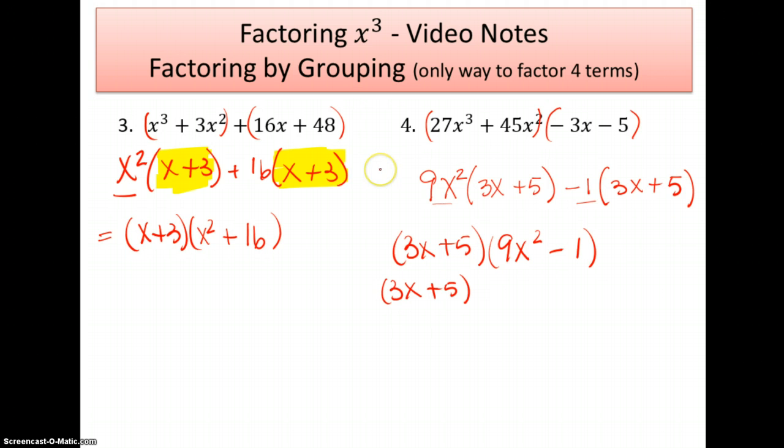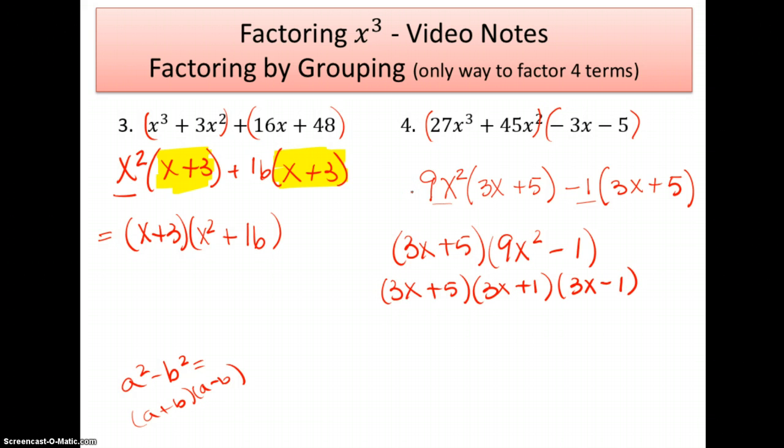The difference of two squares, a squared minus b squared, factors to a plus b and a minus b. That's back from chapter 4. Well, what's the a term? So this would factor to 3x plus 1 and 3x minus 1.